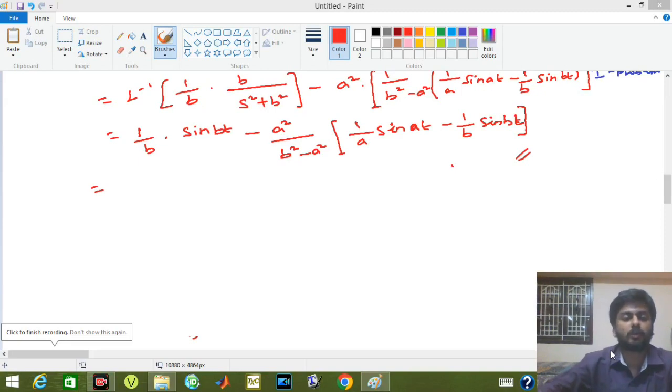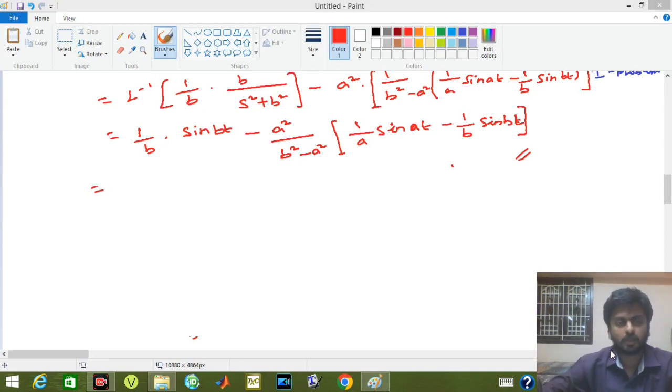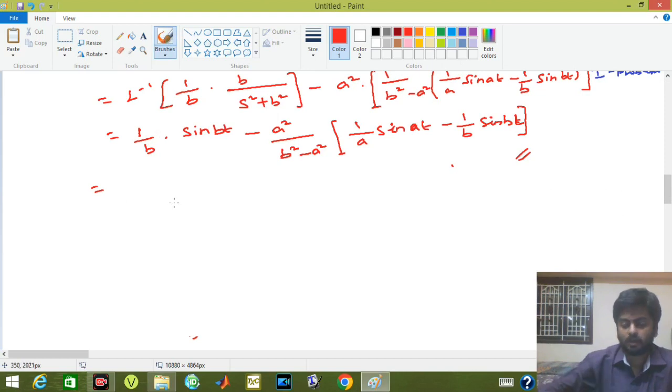Dear students, you can simplify it further. Here you are having sin bt by b minus a square divided by b square minus a square.